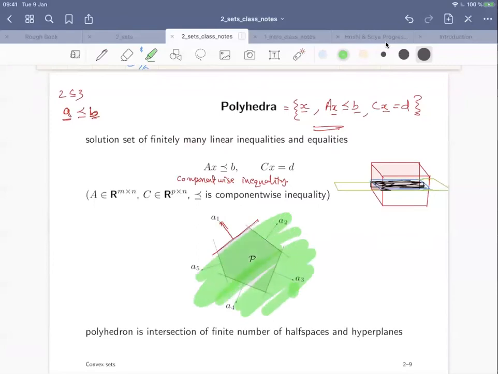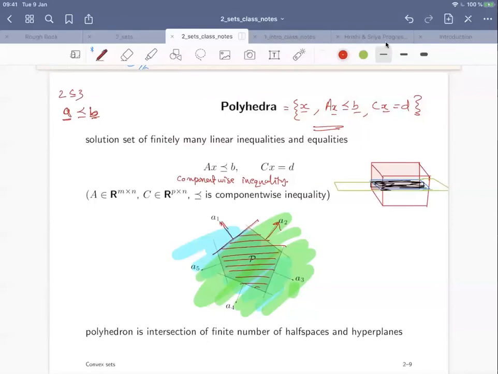Then you consider the next one, a2 transpose x is less than or equal to b2, and you get another region. If you form half spaces using all the a's, five of them, you have five different half spaces, and if you take the intersection, you will get this set here, which is a polyhedron, right?